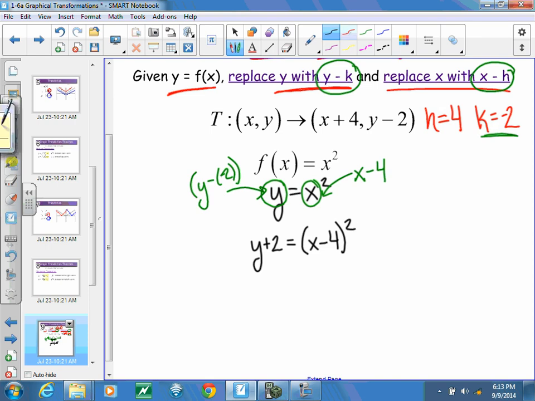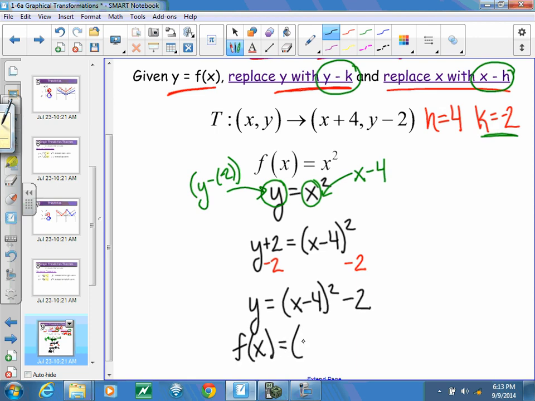If I were to put it into my graphing calculator, I'd need to solve my equation for y. So I'd have to bring the 2 over to the other side, and I would get y is equal to x minus 4 squared minus 2. So my new function f of x is the quantity x minus 4 squared, minus 2.